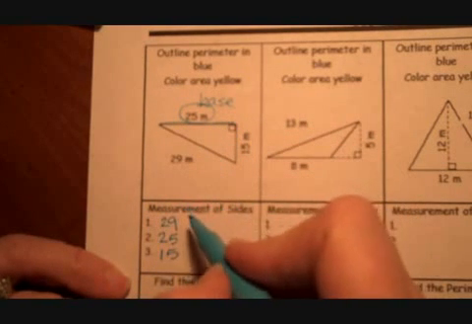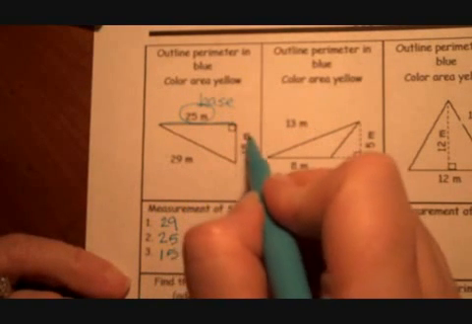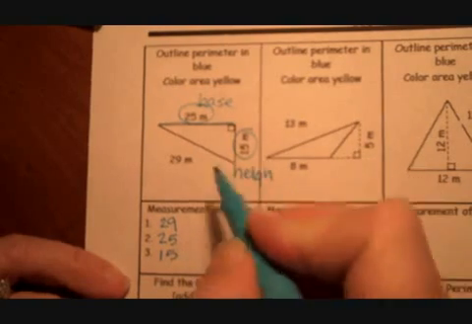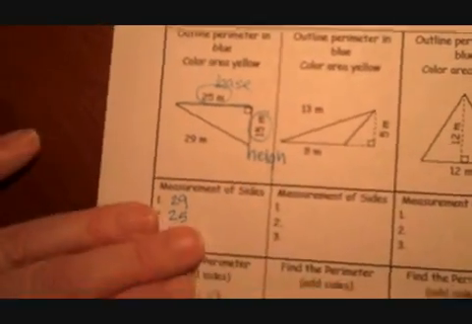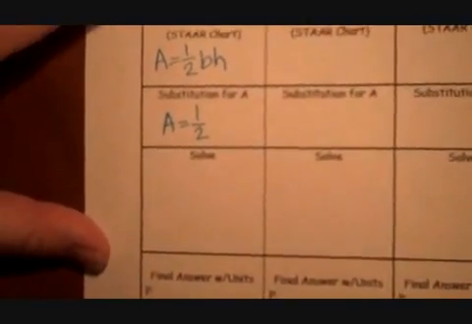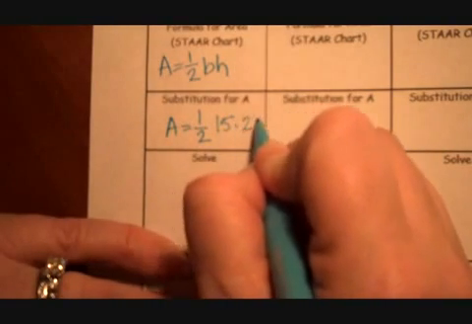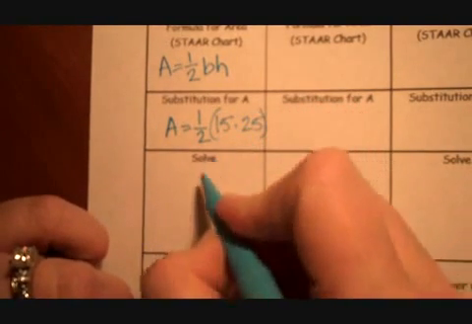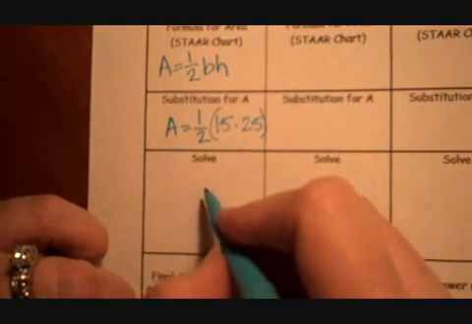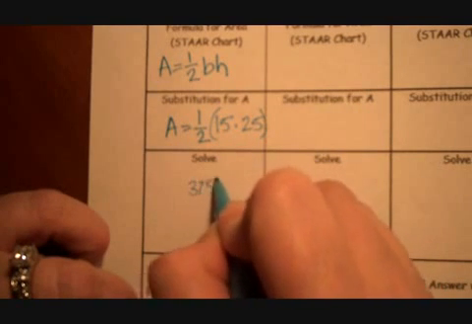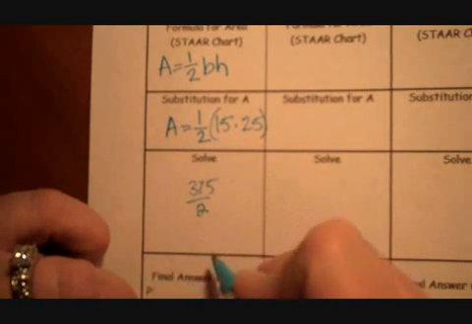It is kind of turned up on its head, but it's what it would be laying flat. And this guy is our height. So we have 15 times 25. If we do the math with that, we would get 375, and we need to divide that by 2.